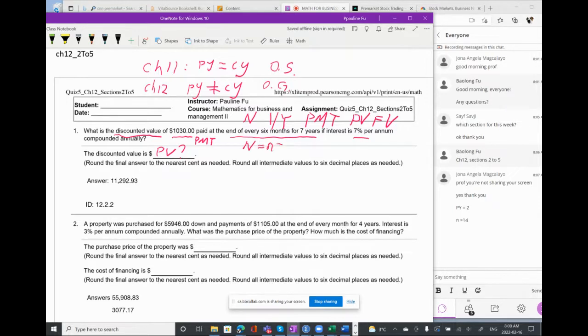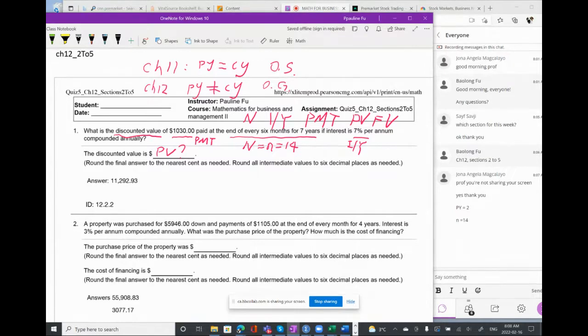It refers to the total number of payments. Every 6 months for 7 years. Juna, congratulations. You are correct, 14. So the total number of payments over 7 years is 14. And then interest 7%, that is IY.